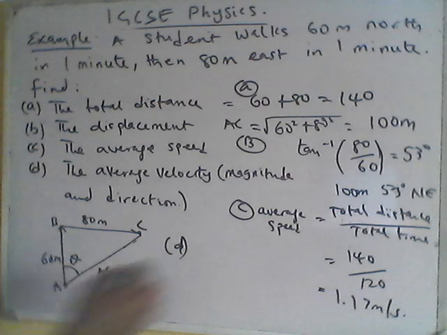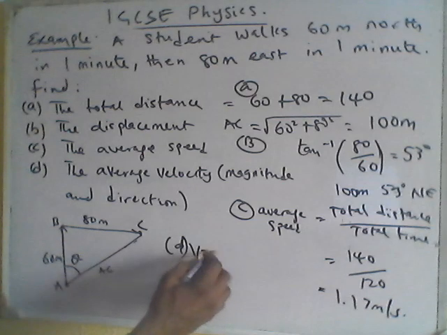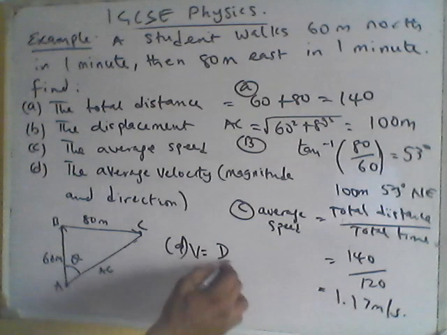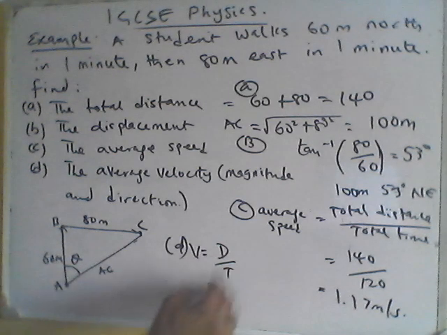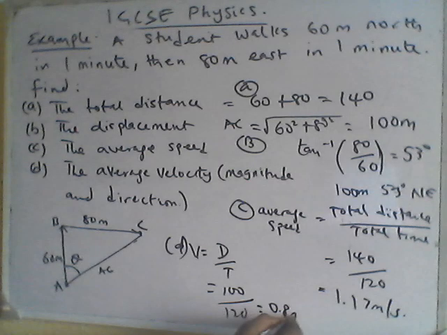So average velocity V is equal to displacement over total time. 100 meters is displacement. Total time taken is 120 seconds. So this will give us 0.83 meters per second, 53 degrees northeast.